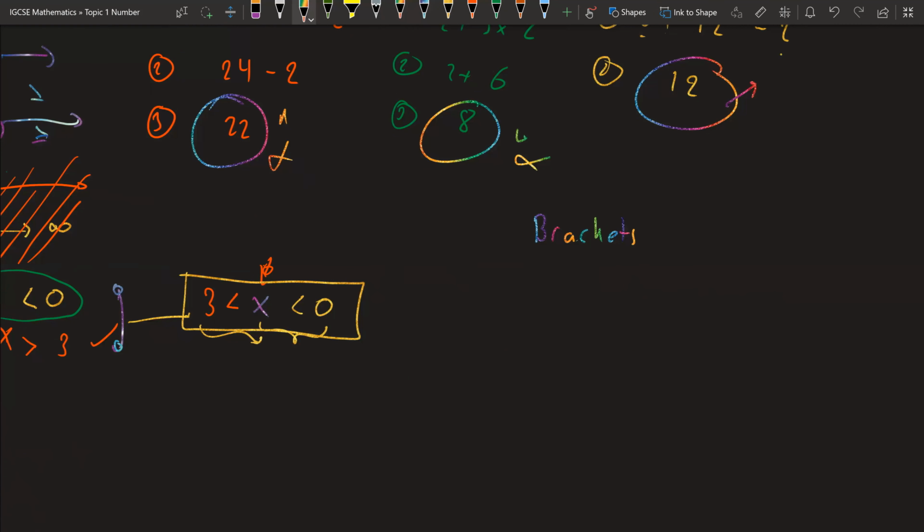Then something that's raised to a power, like indices, maybe x raised to 2. Then division and multiplication together, but you should do them from left to right, and then addition and subtraction.